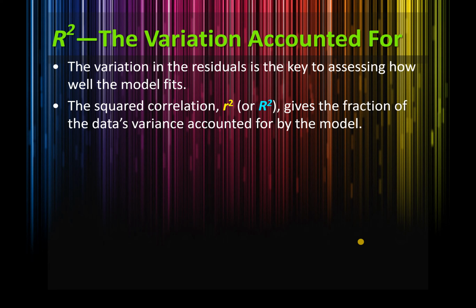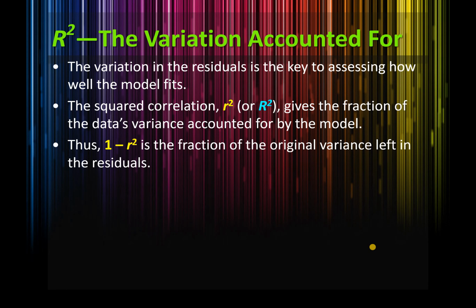For example, let's say our R² was 85 or 0.85. That would mean 85% of the variation in y is accounted for by the change in x. And therefore, if we look at the opposite end of that, 1 minus R², that's the amount of variance left in your residuals. That's the amount of change in your y values that is attributed to something other than a change in your x values.